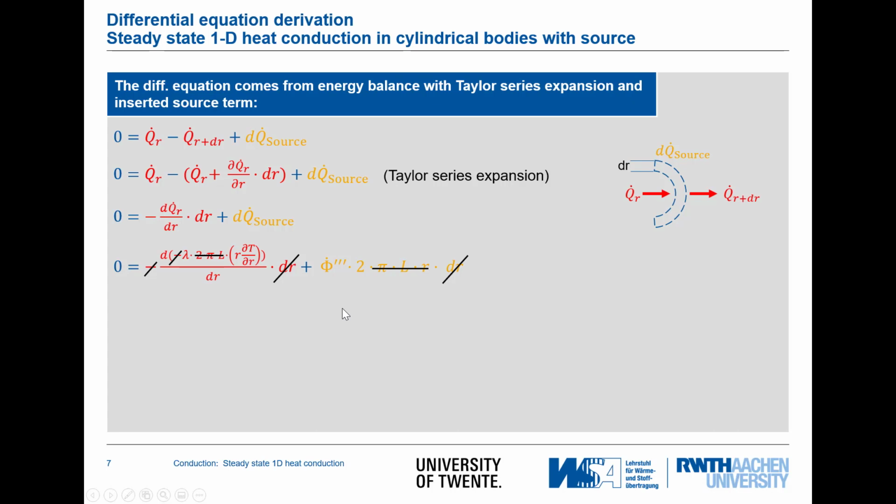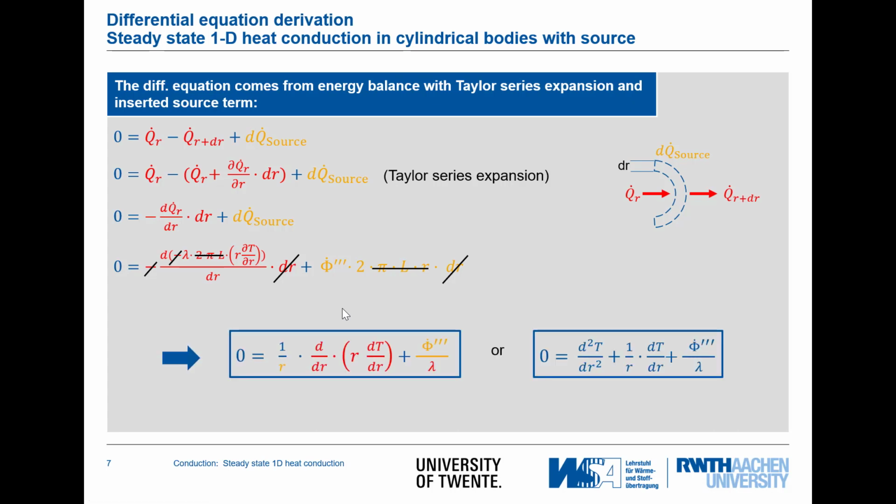So crossing out all those terms, we end up here with the differential equation. If we cross out this part here, we are left with the traditional equation for heat conduction in a circular environment. But in addition, we obtain here this part, the volumetric heat flux, and we have put the thermal conductivity on the right side.